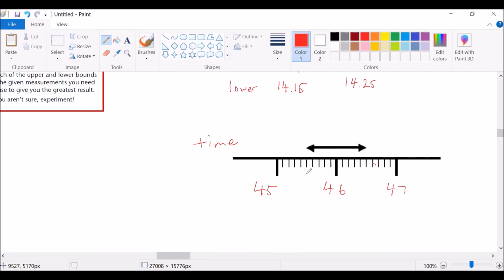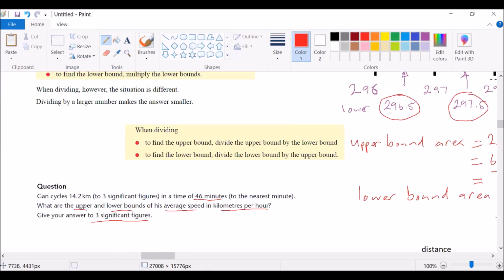Now we look for the lower bound of 46, which is 45.5. The upper bound is halfway between 46 and 47, which is 46.5. So we're supposed to find the upper and lower bounds of speed in kilometers per hour.